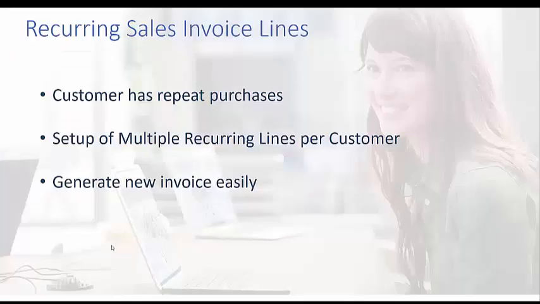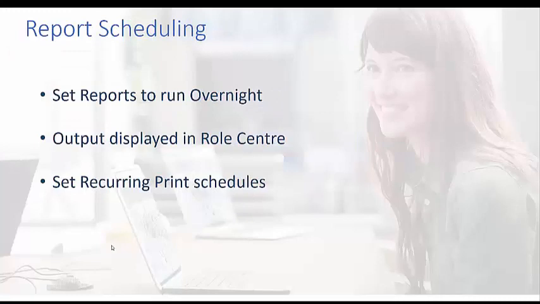So, our penultimate item on today's session is report scheduling. Now, there are a number of reports in NAV that can either take some time to process, dependent on the data that it's working through, or they may need to be run when the users aren't actually posting.